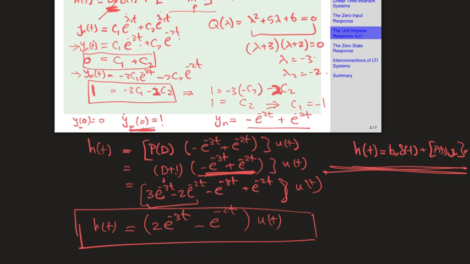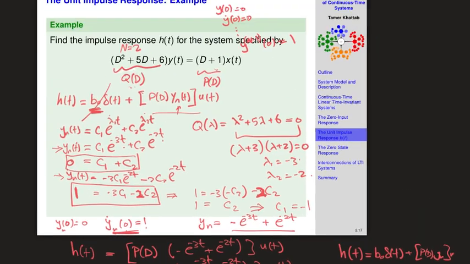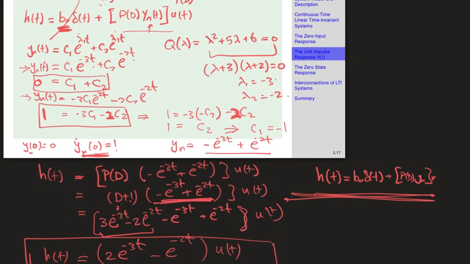b naught, how do we find it if we have it? For example, I gave some numbers in the previous slide, but imagine that originally the input-output relation was something like 2D squared plus D, y of t, equal to D squared x of t.